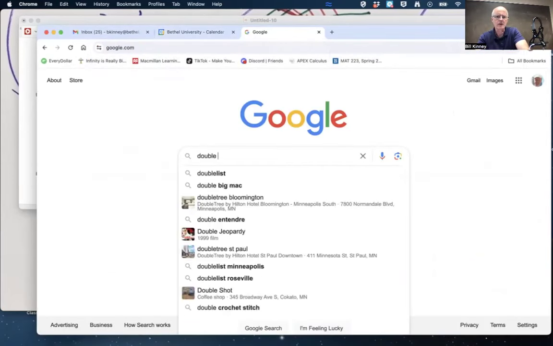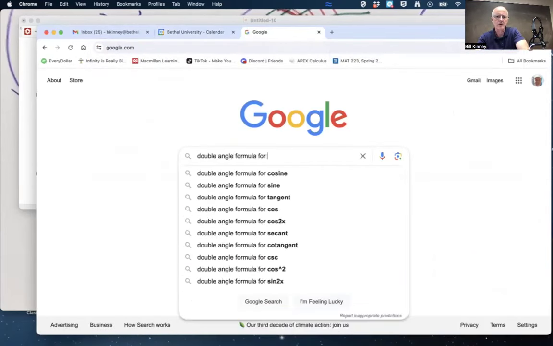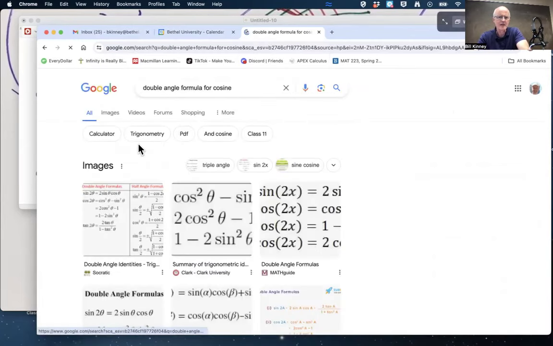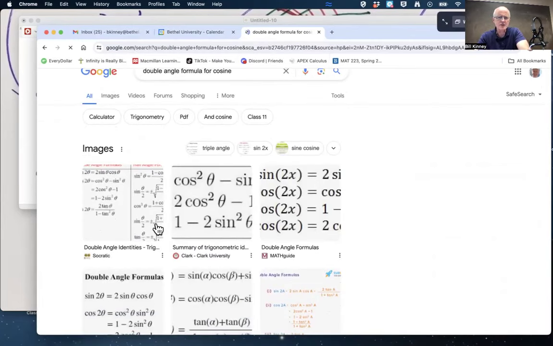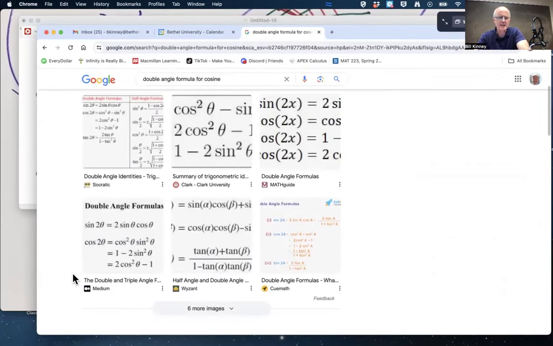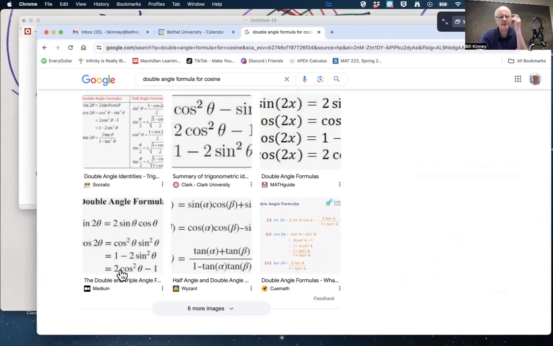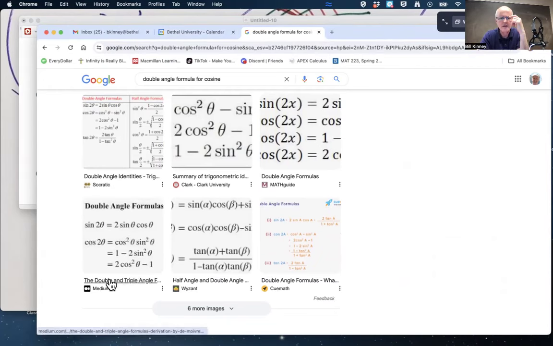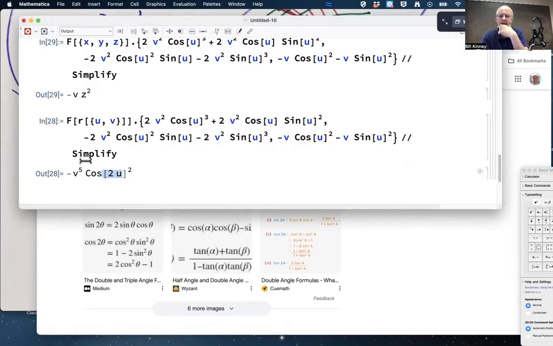Effectively, it's using cos 2 theta. It's probably solving this equation for cos squared theta. It's probably using the fact that cos squared theta is 1/2 plus 1/2 cos 2 theta to help do the simplification in the end.